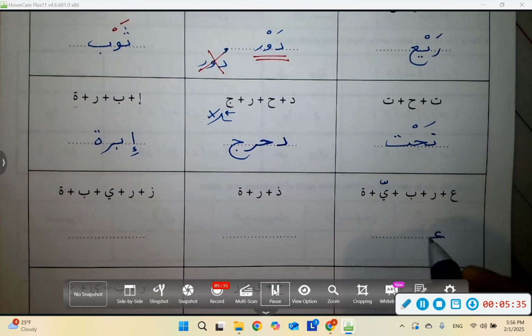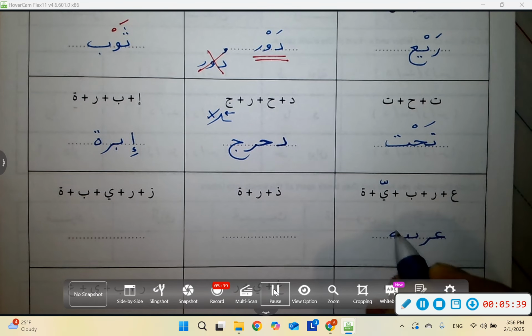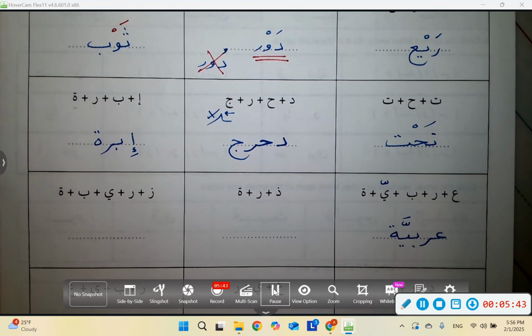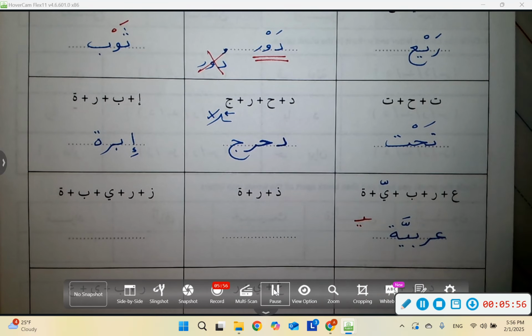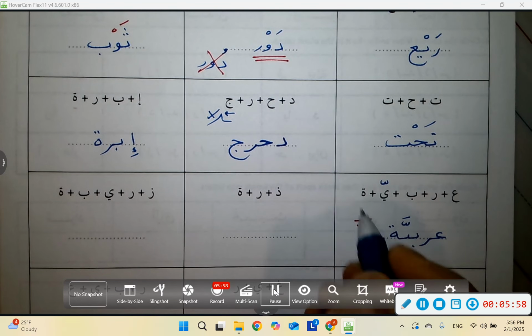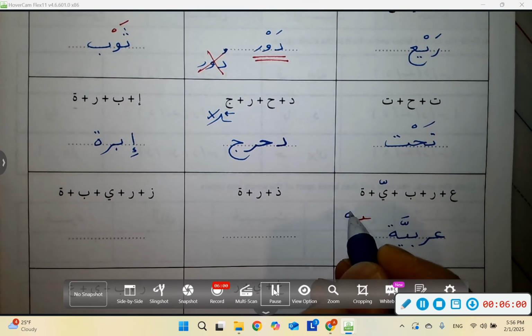عين at the beginning. راء باء ياء تاء مربوطة. شدة over the ياء. Now the تاء مربوطة, of course the ياء is going to change its shape to look like this. And the تاء مربوطة, when it's connected, it looks like this.